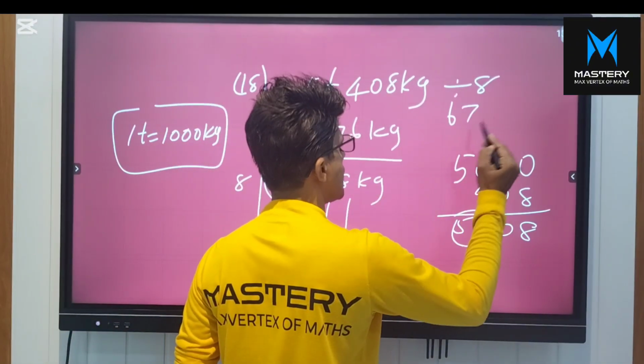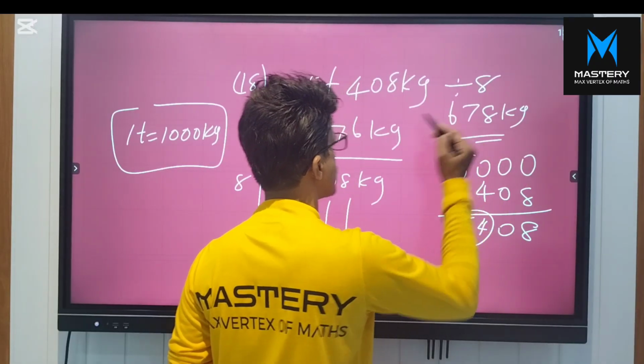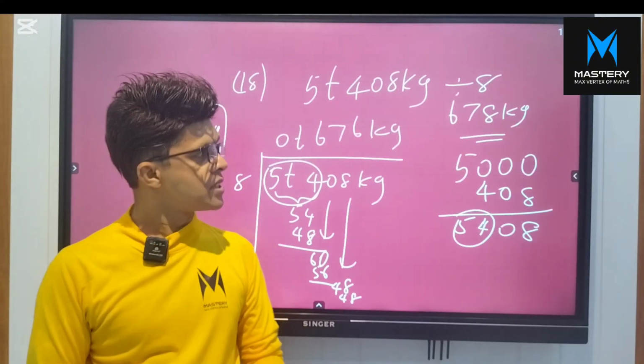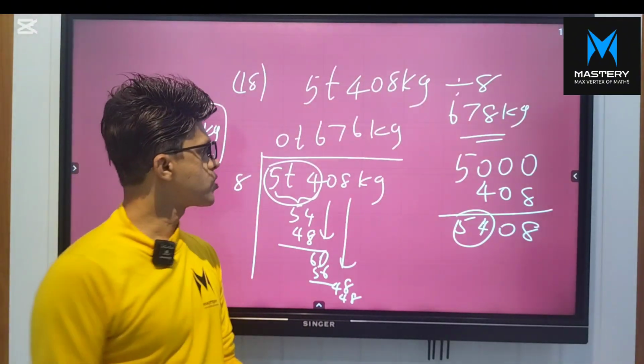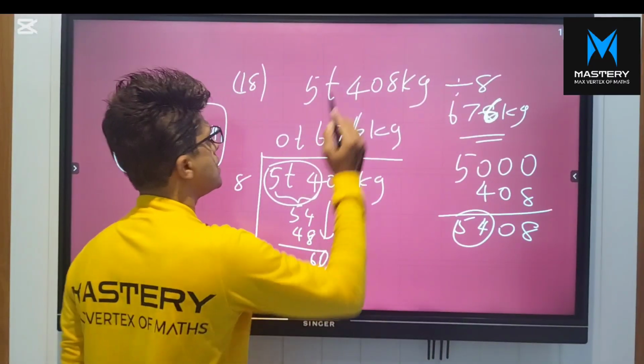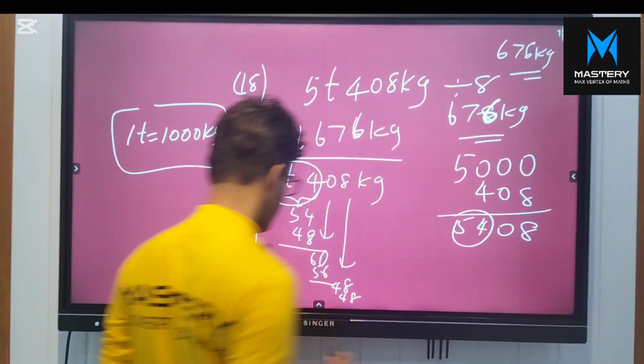When you divide this one, the answer is 676 kilograms. This 0 we do not write here. Sorry, this is 6. 676 kg is the answer.